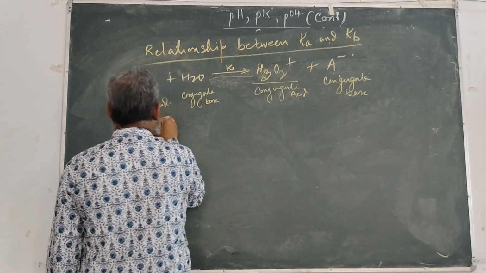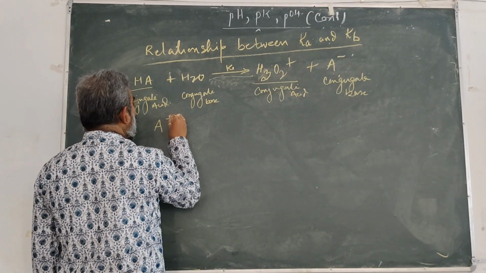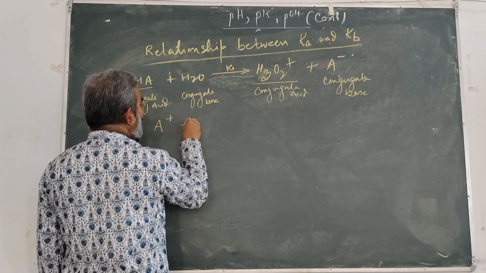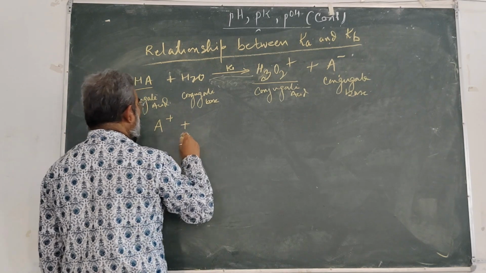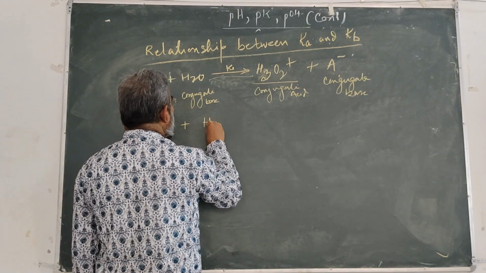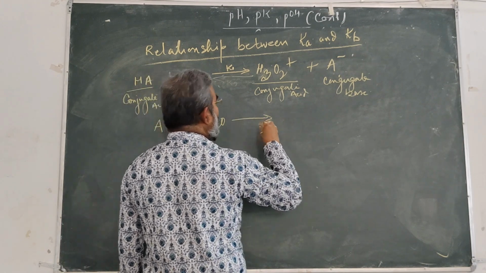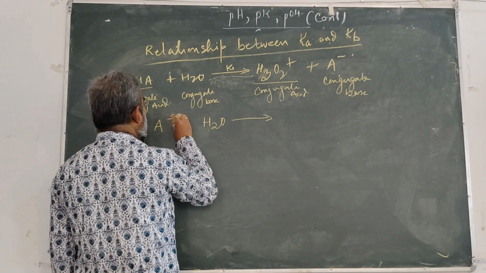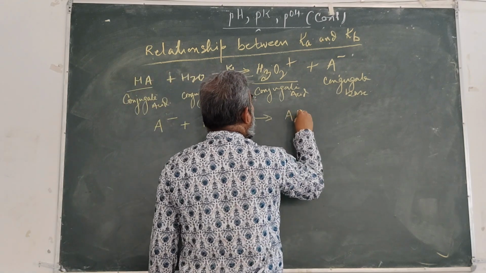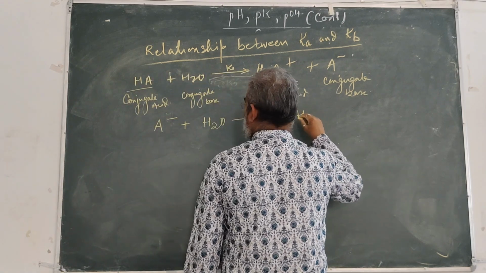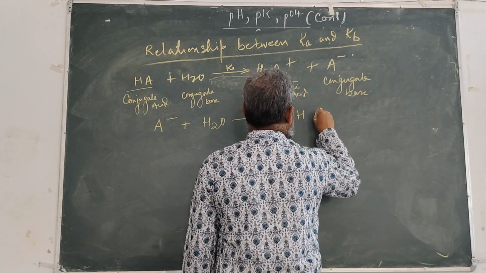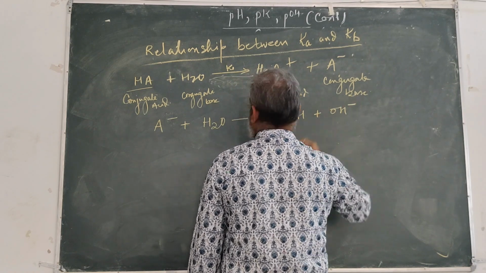Here A minus plus H2O gives AH plus OH minus.